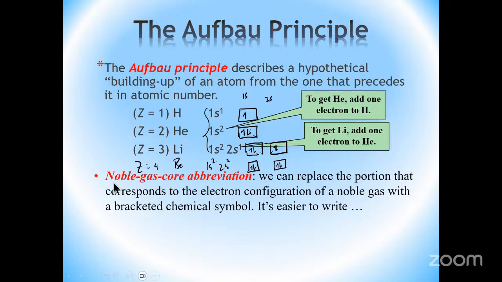So that brings us to what we call the noble gas core abbreviation, which is a way of abbreviating the electronic configuration into something more useful depending on the purpose.